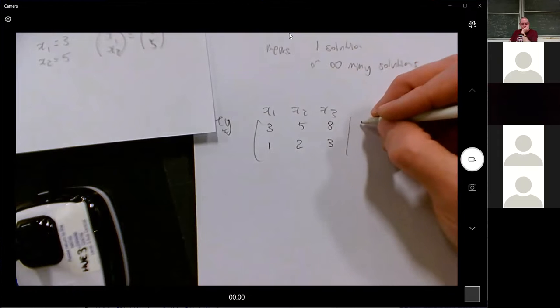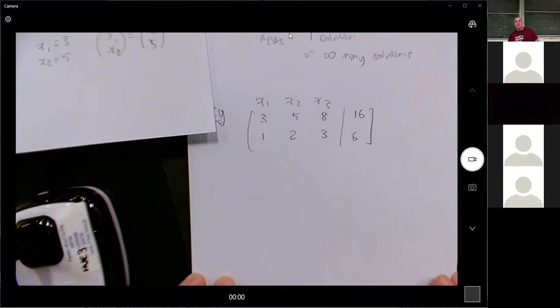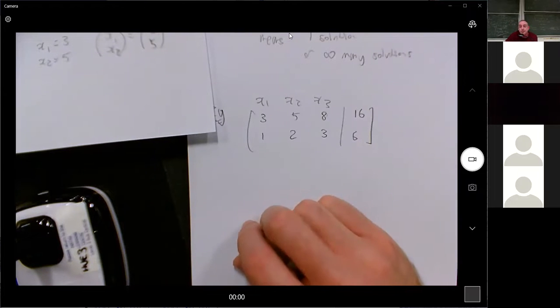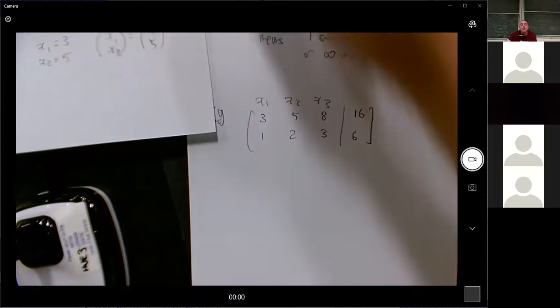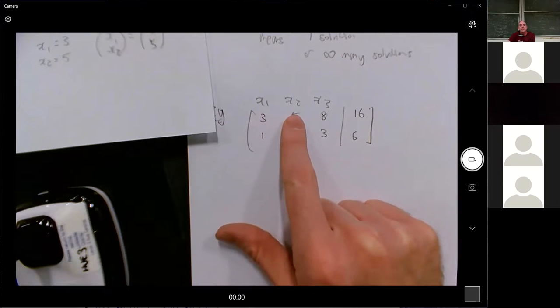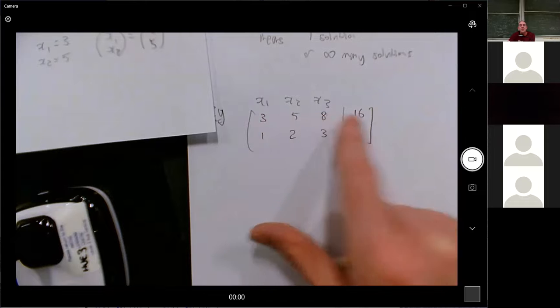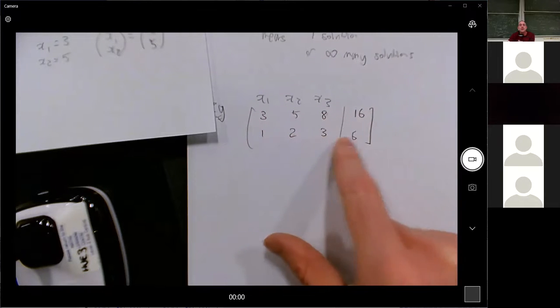I'm going to make it easy for myself and make this number 16 and this number 6. Okay. So here's my list of equations. It says 3x1 and 5x2 and 8x3 add up to 16, and 1x1 and 2x2s and 3x3s adds up to 6.